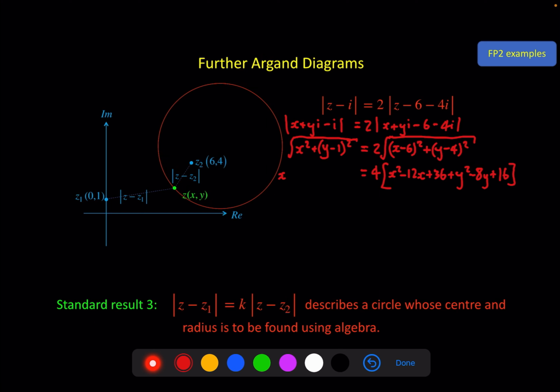On the left, now apply that to 4x squared minus 48x plus 144 plus 4y squared minus 32y plus 64. Same thing on the left still. Collect everything together and make it into a circle equation.